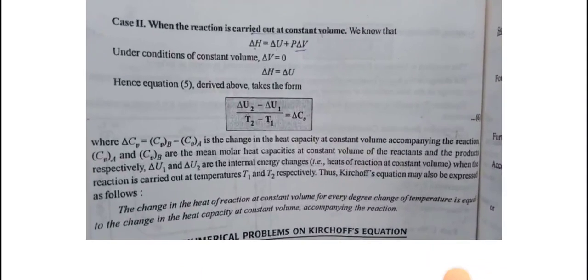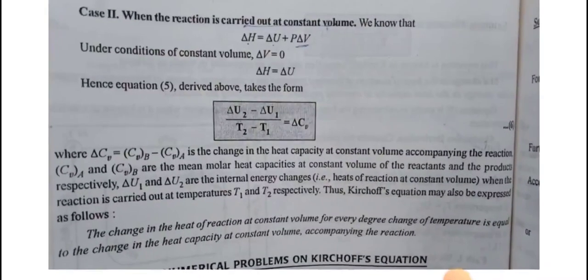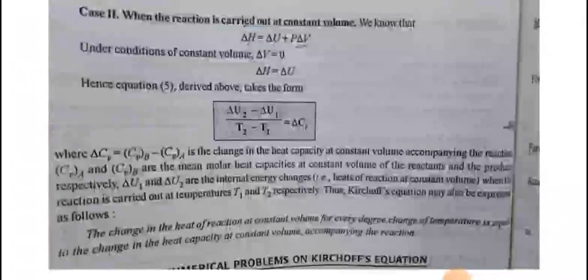Case two, when the reaction is carried out at constant volume. We know that delta H is equal to delta U plus P delta V. Under the conditions of constant volume, delta V is equal to 0, so delta H is equal to delta U. Hence equation 5 derived above takes the form delta U2 minus delta U1 divided by T2 minus T1 is equal to delta Cv, where delta Cv is equal to Cvb minus Cva, the change in the heat capacity at constant volume accompanying the reaction.